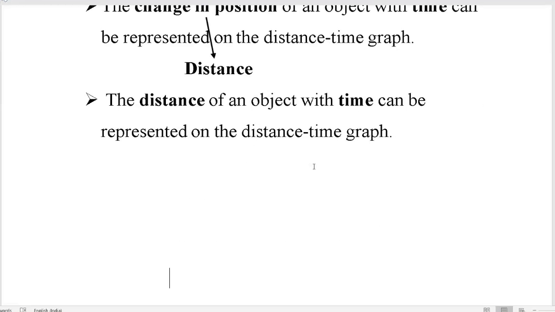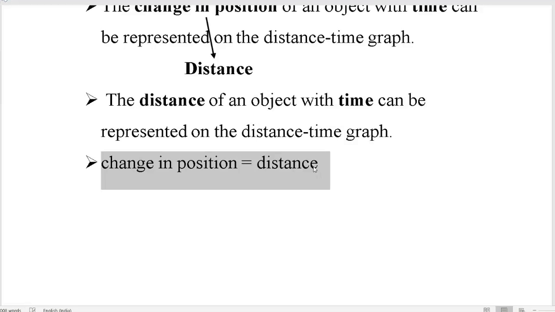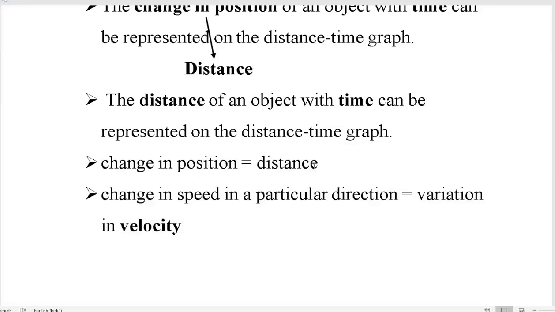So, change in position means distance, right? And the change in speed in a particular direction means variation in velocity.